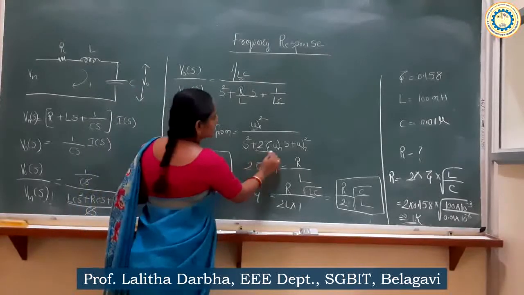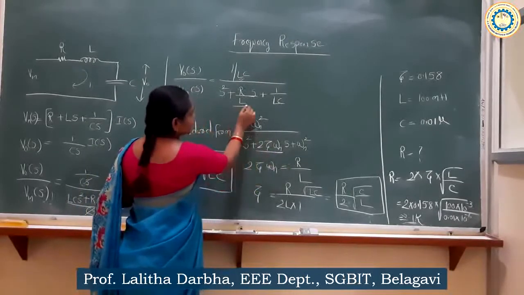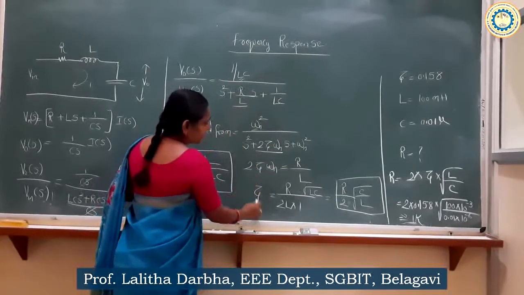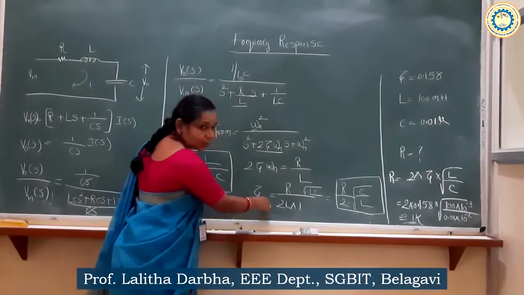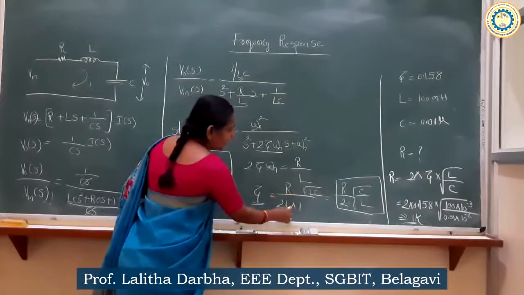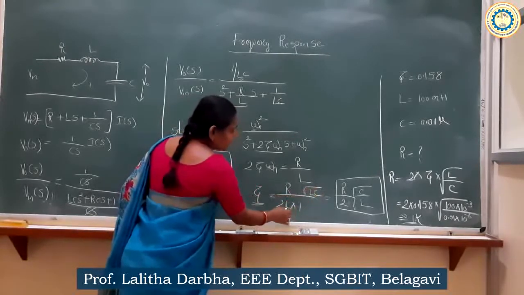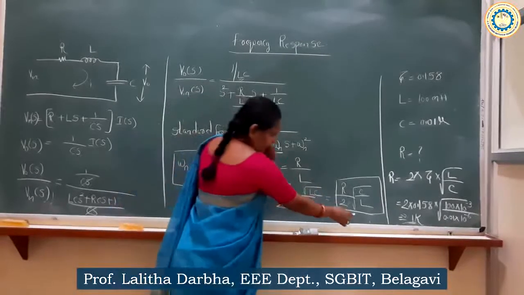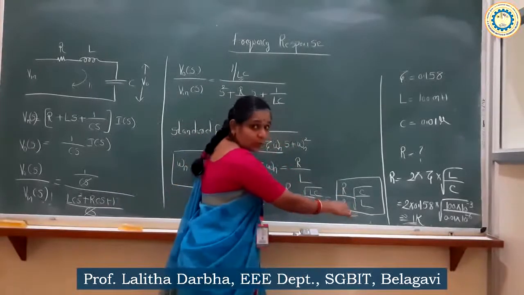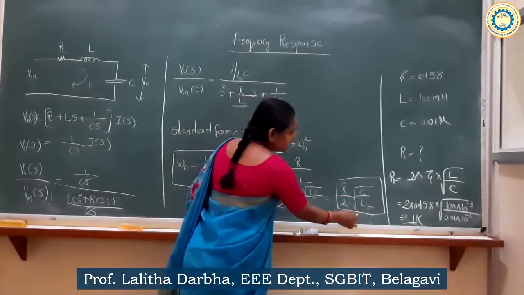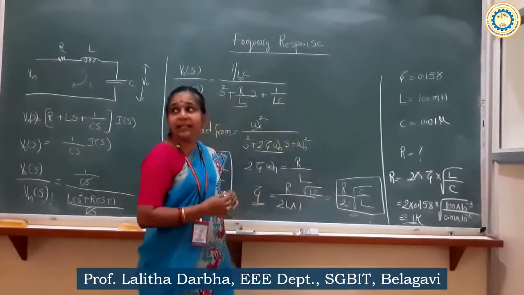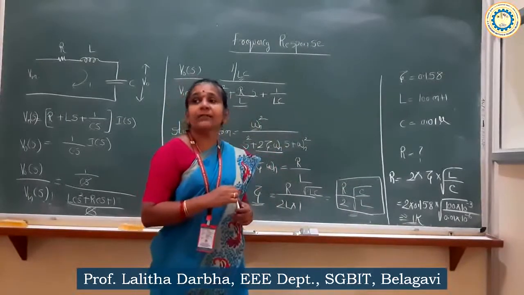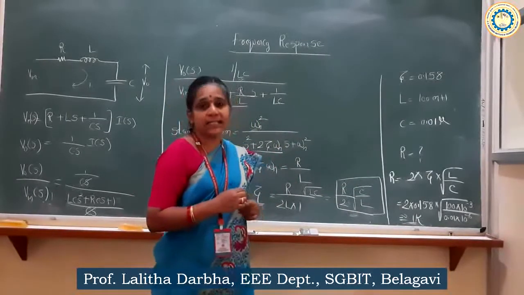Similarly, comparing 2 zeta omega n with R by L, we can find the value of zeta, the damping factor, to be R by 2L into root LC. Root L and root L cancel here, so you are left with R by 2 root C by L. This expression will help us in designing a particular system with a specific damping factor zeta.